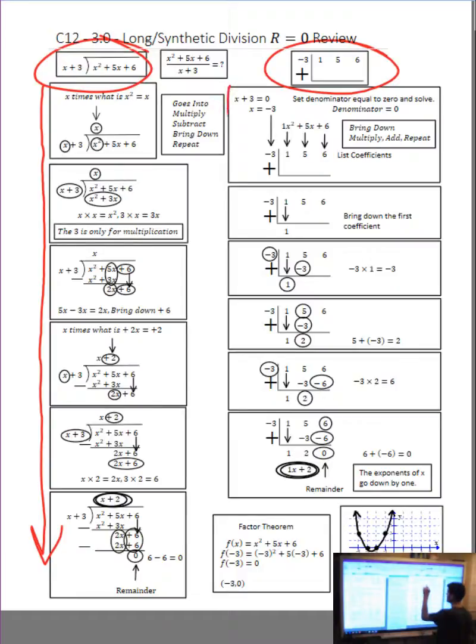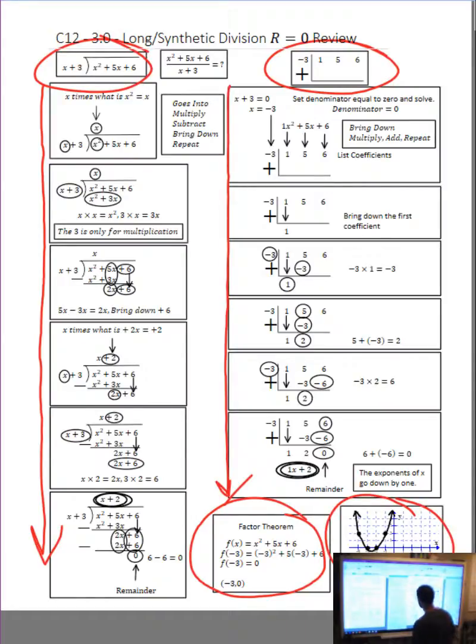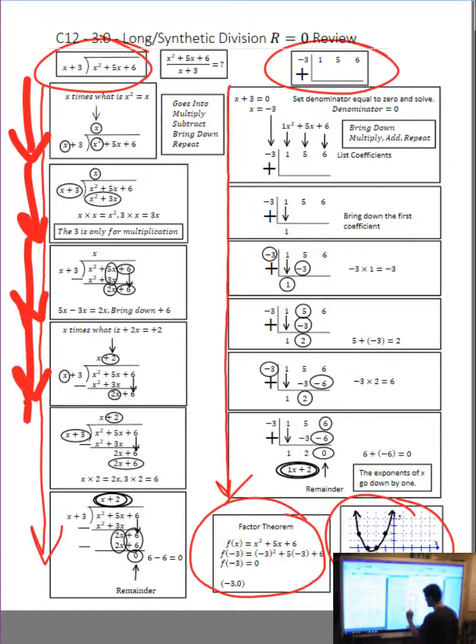These are the exact instructions of how to do synthetic division with the final answer, with the factor theorem and a graph. So again, in the notes, I'm not going to be showing each individual step with careful English instructions. We need to make sure that we can do these processes without the English instructions.